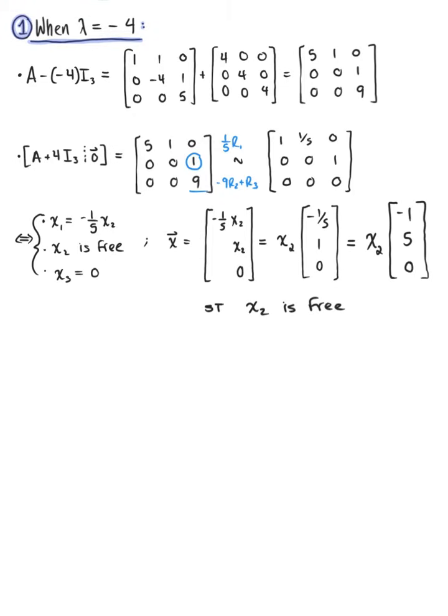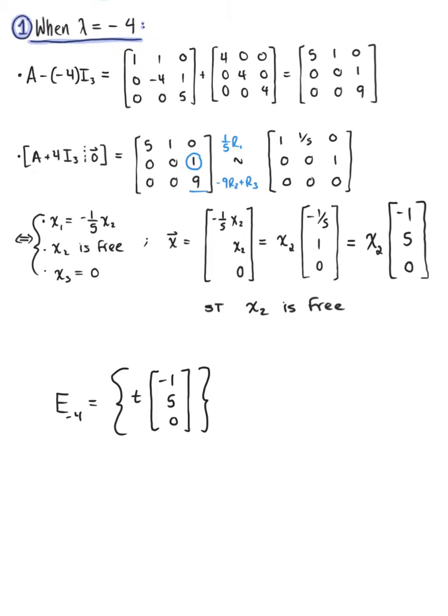So using this general solution, we are ready to state a basis for the eigenspace. And we can say that the eigenspace E sub negative 4 is equal to the set of all scalar multiples of the vector negative 1, 5, 0.